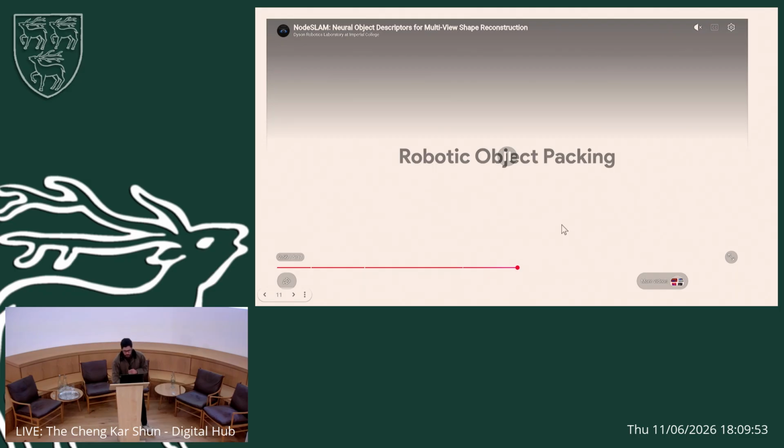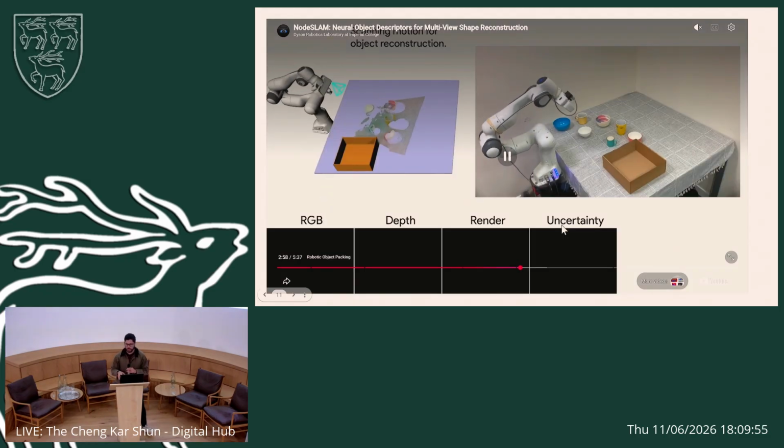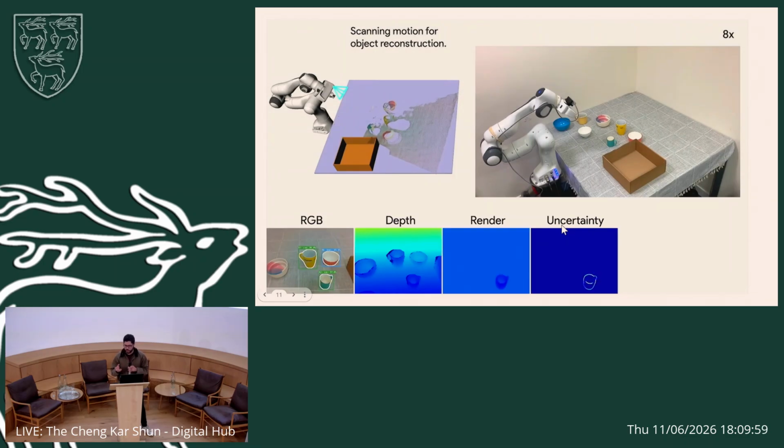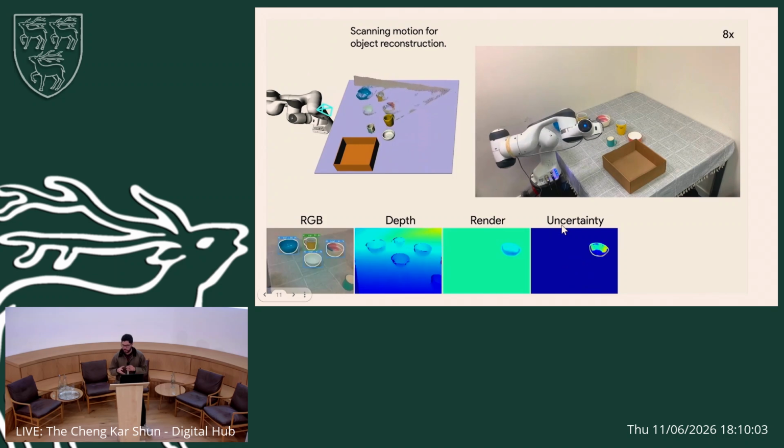Once we can fit accurate shape models to the objects, in this case mugs and plates, we can then do quite precise robot planning for manipulating the objects.